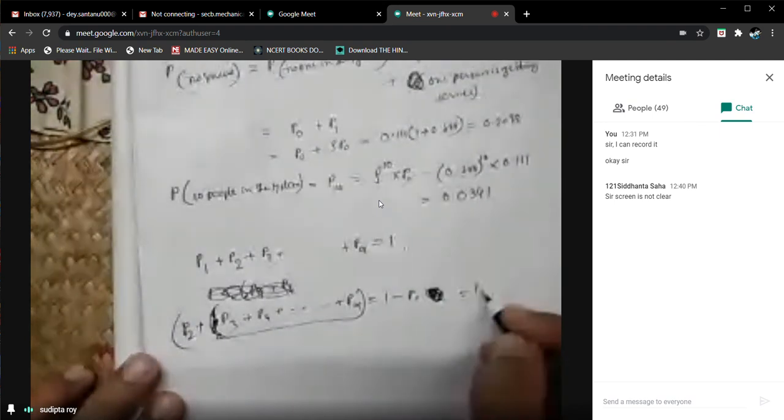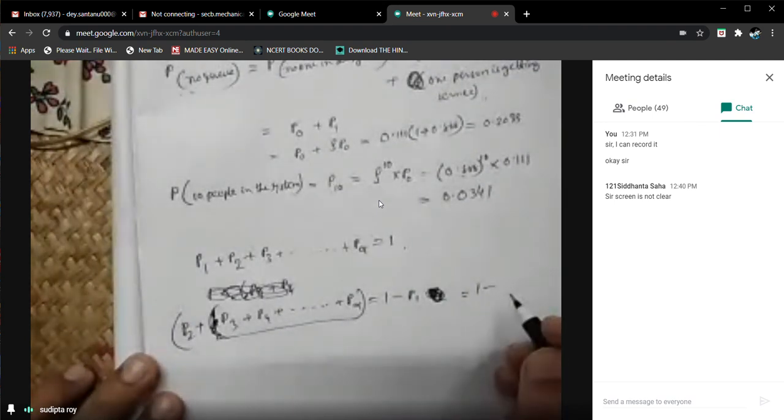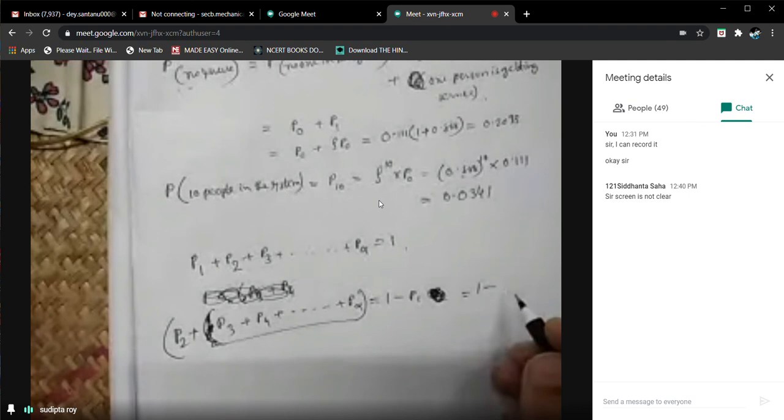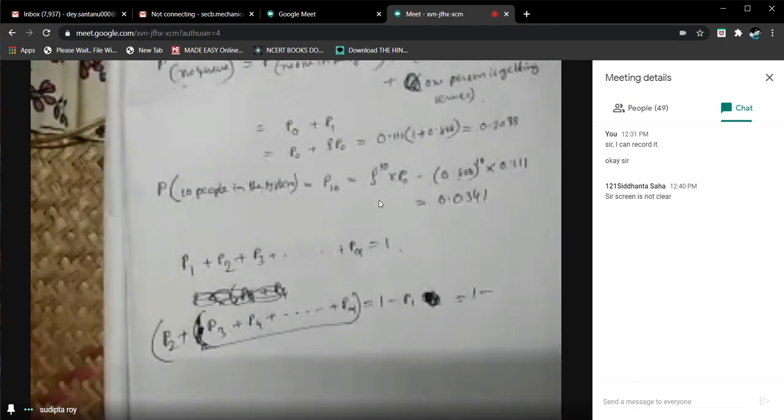The value of P1 is equal to rho into P naught.